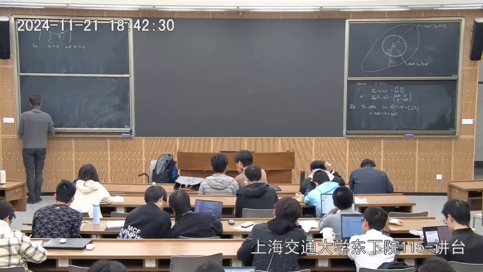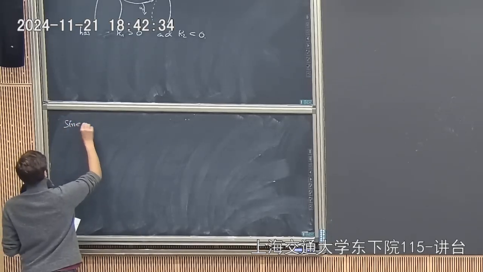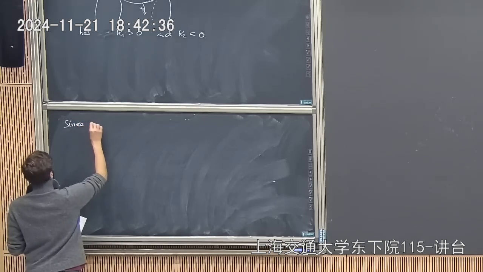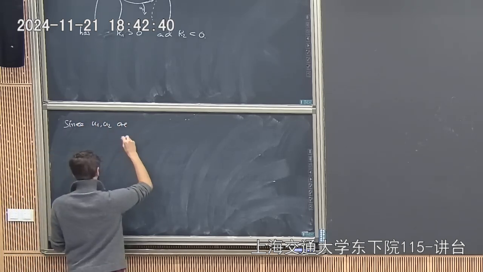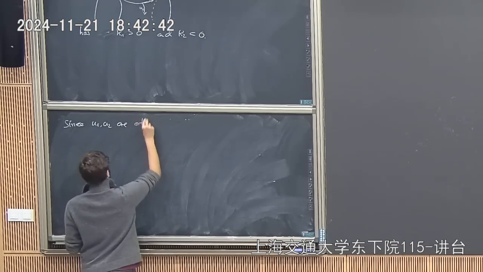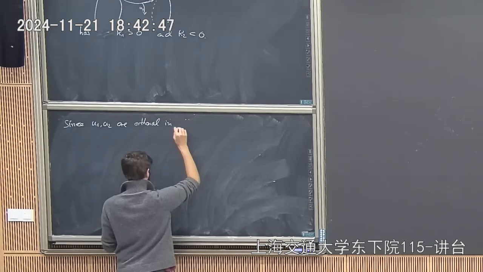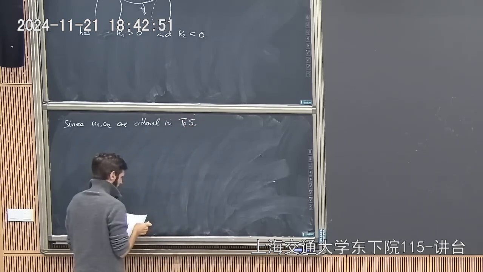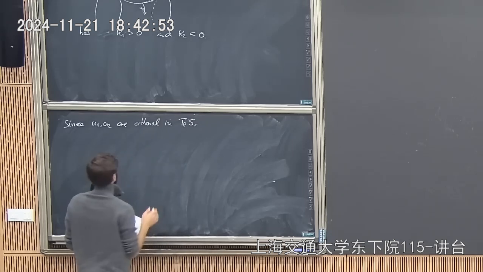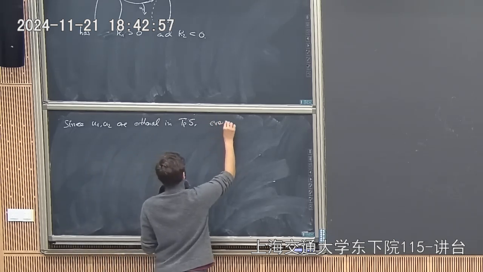But we can always expand it, since U1 and U2 are orthonormal in T_pS, so we have two vectors which are unit vectors and orthogonal. They are especially a basis.